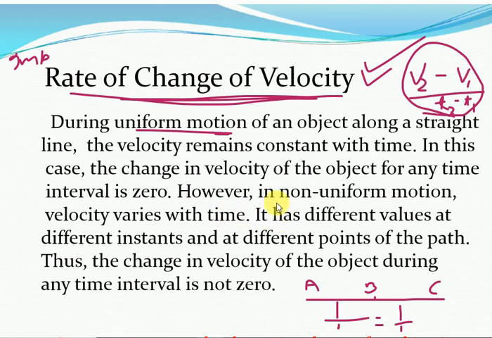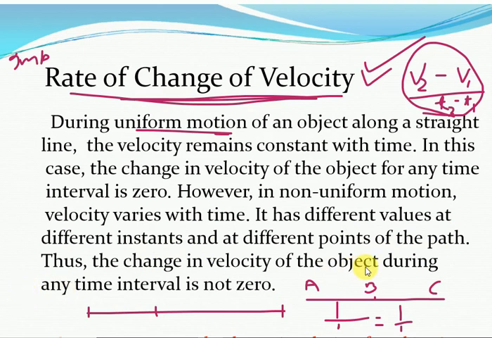However, in non-uniform motion velocity varies with time. So in non-uniform motion the velocity of the body varies with time. So if velocity varies, the numerator, that is the difference between the velocities, will not be equal to 0. It has a different value at different instants and different points of the path.